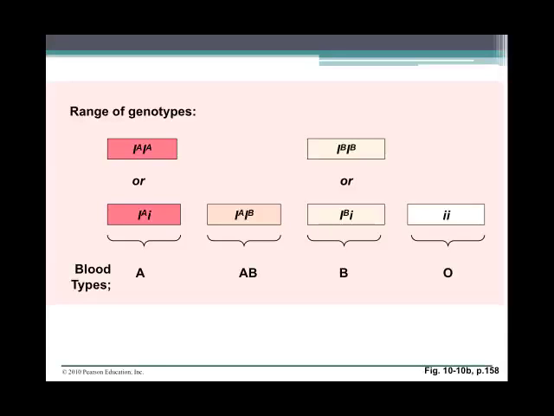Then we get to B blood, and it is just like A. It has the homozygous dominant at the top or the heterozygous condition. And then finally O, which I had said is the recessive type. In order for that to demonstrate itself as a phenotype, you had to get a copy from each parent, and that's the only way an O is expressed.